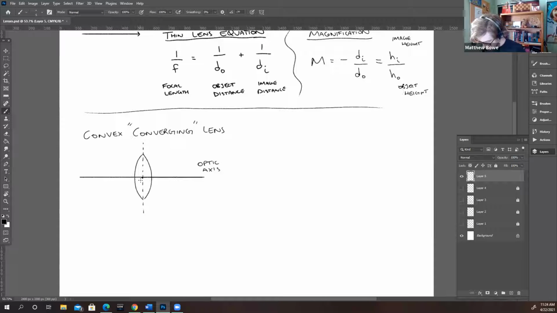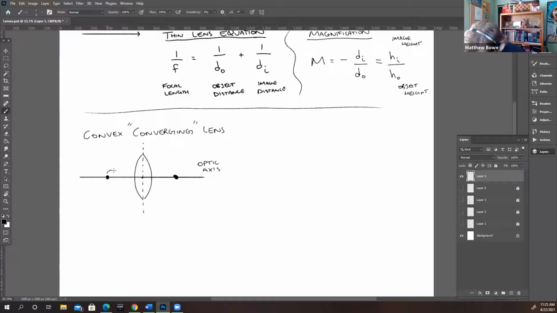Since it's symmetric on both sides, there's a focal point that is an equal distance on both sides, about right here.